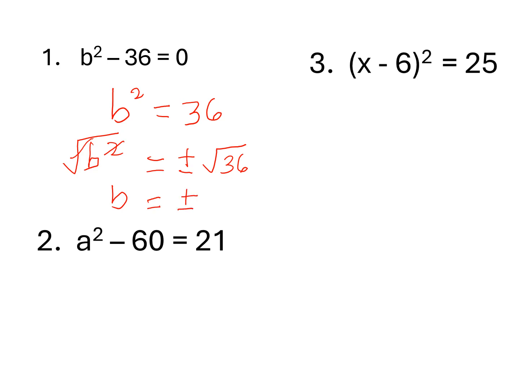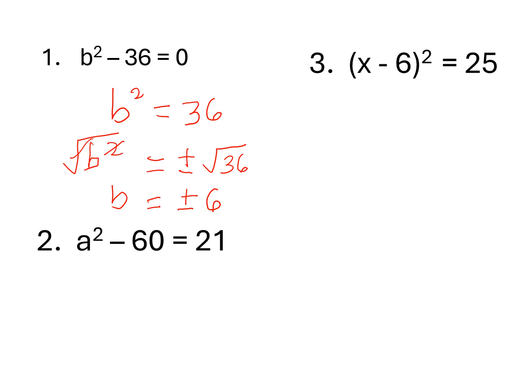What is the square root of 36? That is 6. Yes. So the answer is b equals positive negative 6. So there are two solutions, positive 6 and negative 6.